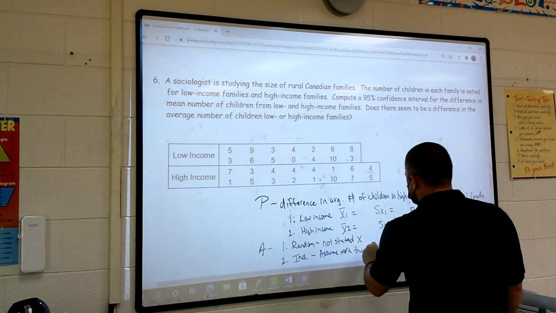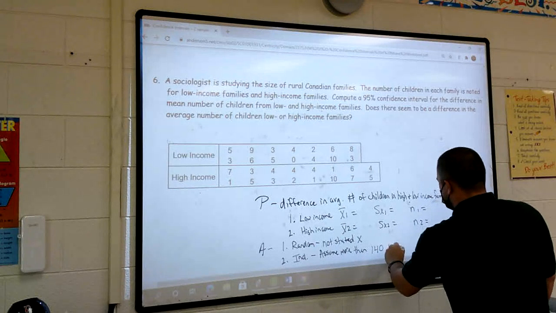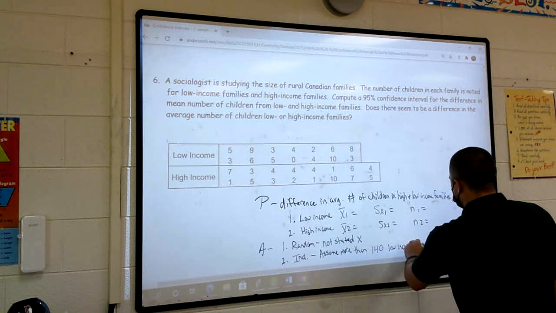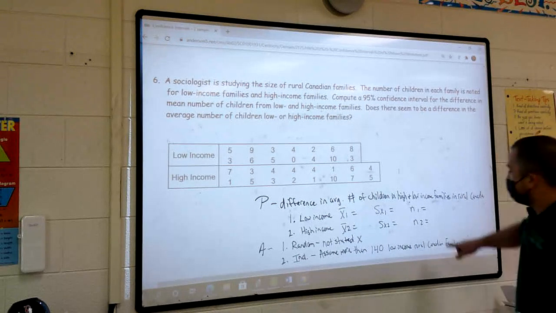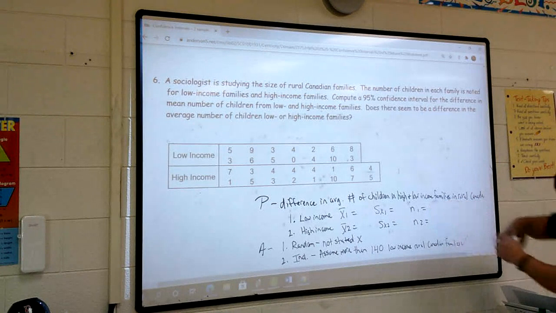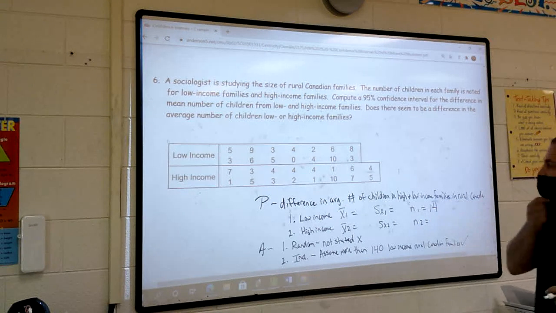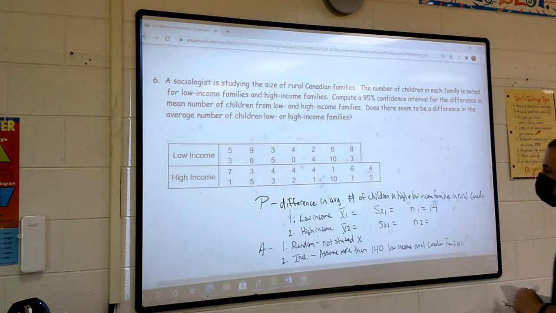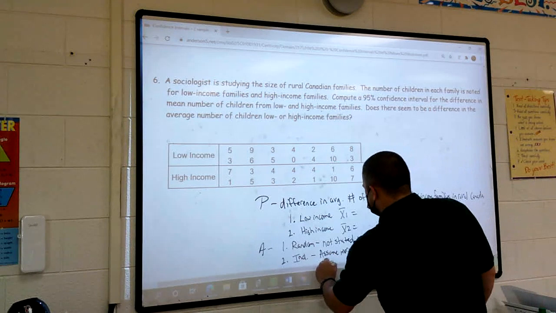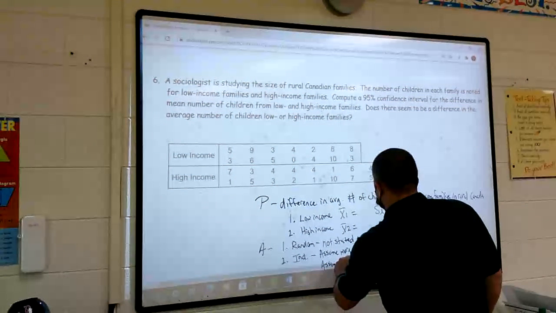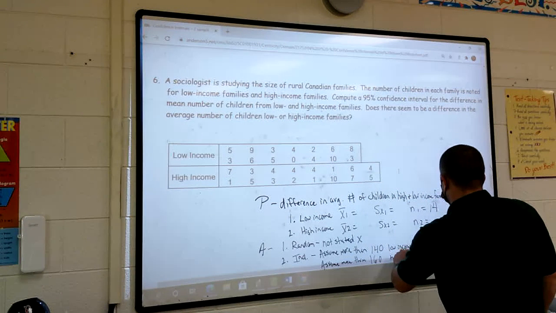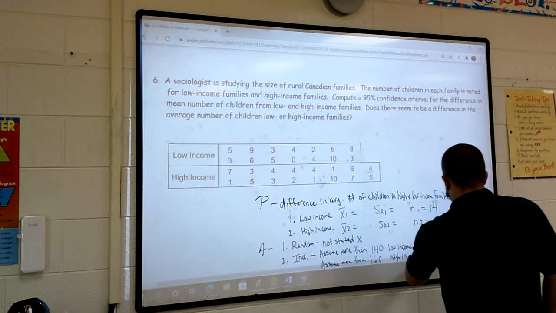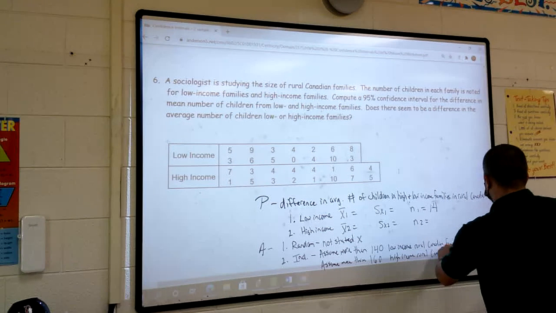We assume more than 140 low income rural Canadian families. Check. Now, your N1 is 14. I just counted that, right? So you can fill that in. High income is 16. 1, 2, 3, 4, 5, 6, 7, 8. Yep. So we assume that there are more than 160 high income rural Canadian families. Lots of writing in these, but that's okay.